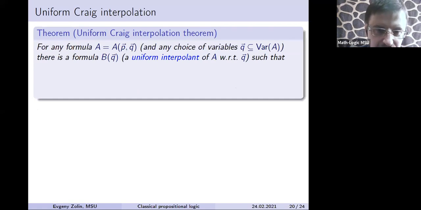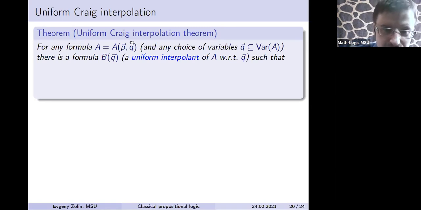Okay. Uniform interpolation is much easier to formulate. So if you have some formula A, in the usual interpolation, for every A and C, you build an interpolant B. Here, we will build one interpolant B that serves for all formulas C of some specific kind.